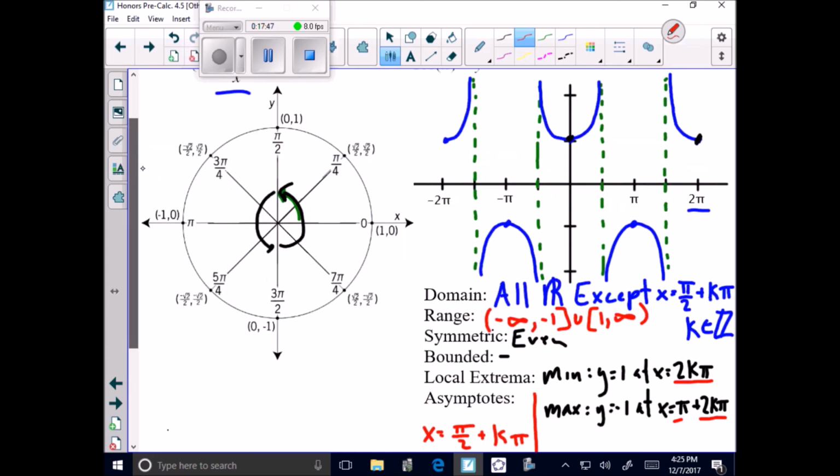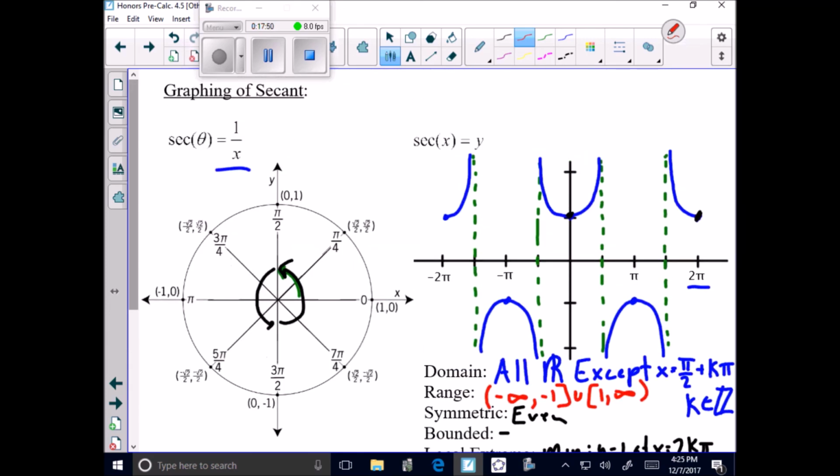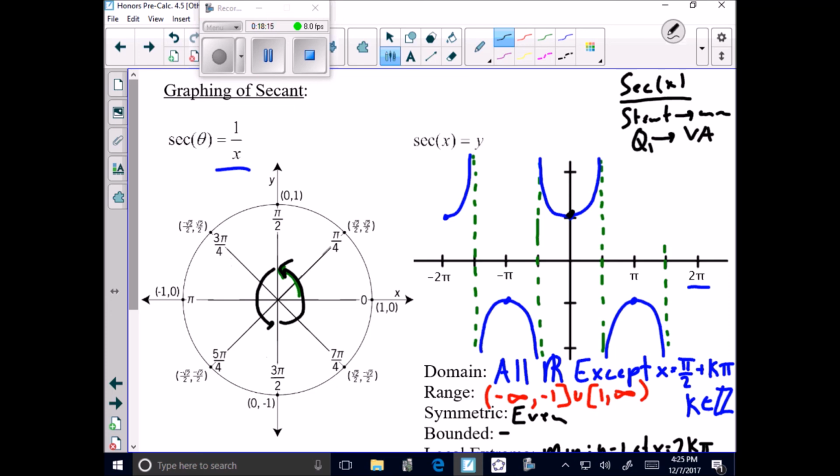Right here, we want to go up real quick and determine one period of secant, right? So when we're talking about secant of x, we say that we have a function that starts at a min, right? And that's the local min we're seeing right there. In its first quarter, it goes into a vertical asymptote.